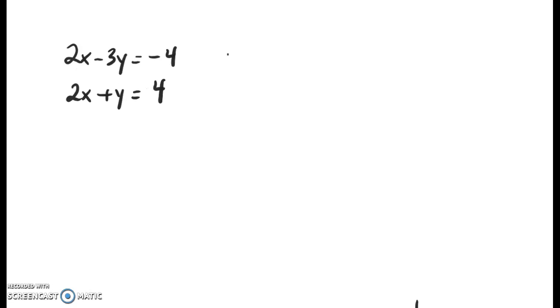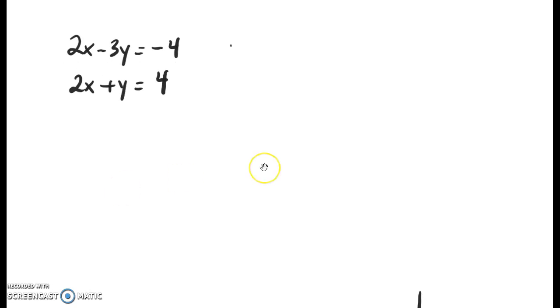We're going to take our equations. So this is our system. You'll see two equations. And we're going to solve for a variable. So let's write out the steps as we do them. So you can take either equation and solve for one variable in terms of the other.